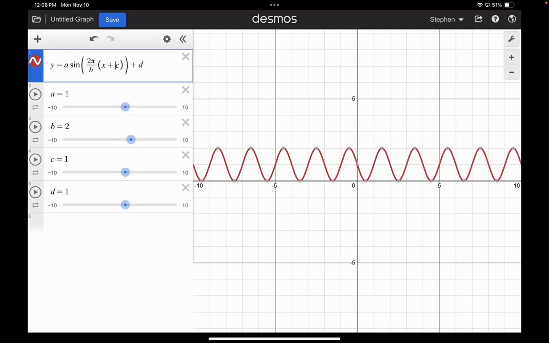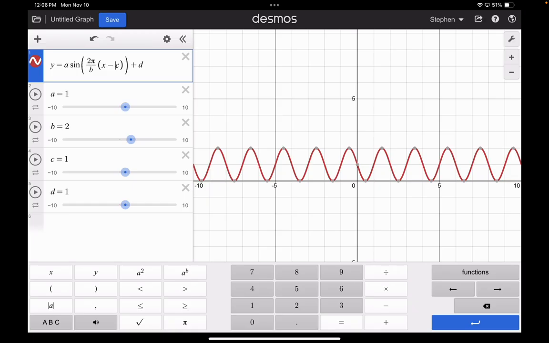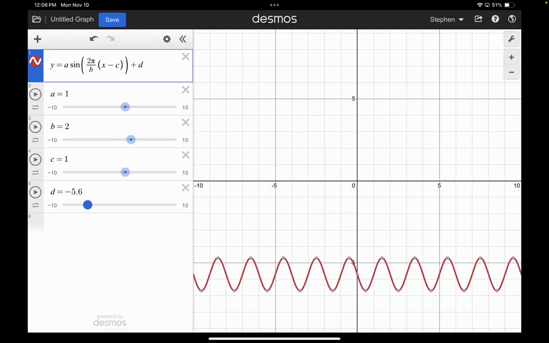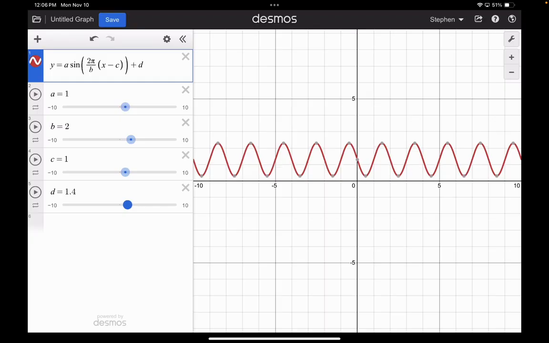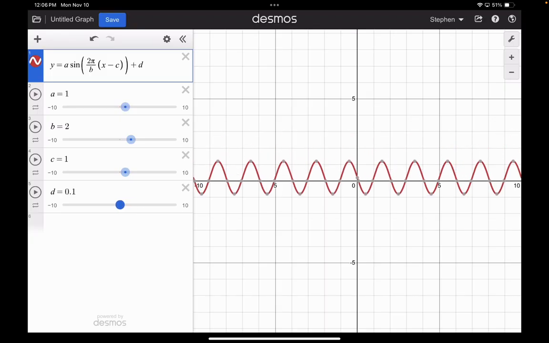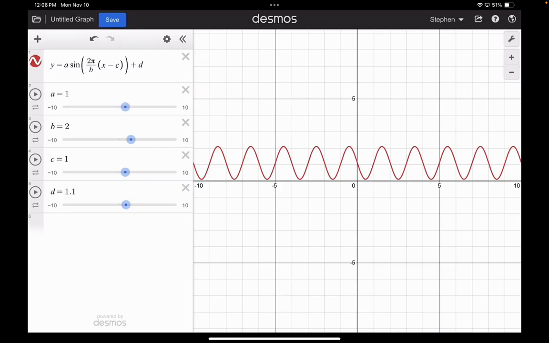But I don't like that. I want it to be more intuitive, so I'm going to have my function do that work for me. What happens if I move the D slider up? It moves up, right? That one's pretty straightforward, more intuitive. So plus d is, whatever my original value would have been, I just add some value d to it.